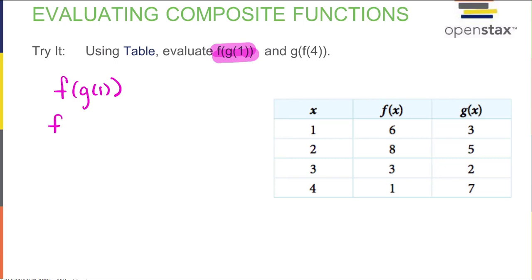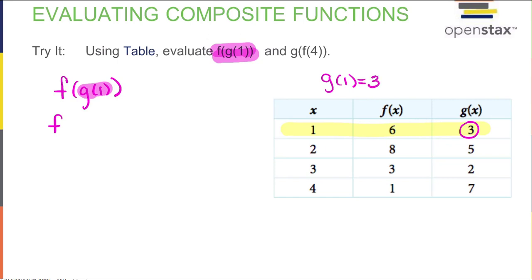First we're going to figure out what g of 1 is. So go to 1, and g at 1 is 3.